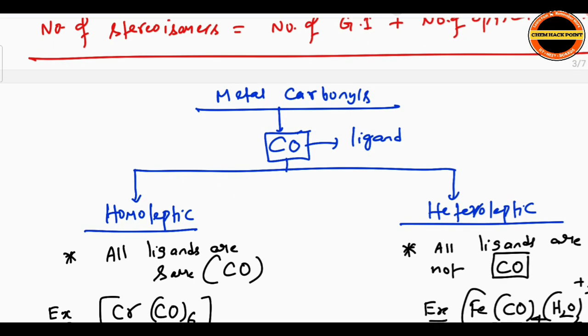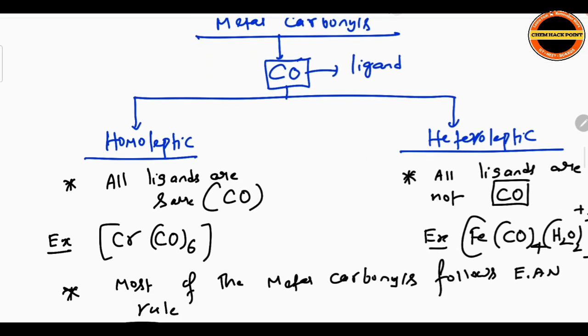Next, moving to metal carbonyls. Metal carbonyls are the compounds where metal is combined with the carbonyl group, that is, the carbon monoxide ligand. Homoleptic metal carbonyl, heteroleptic metal carbonyl.